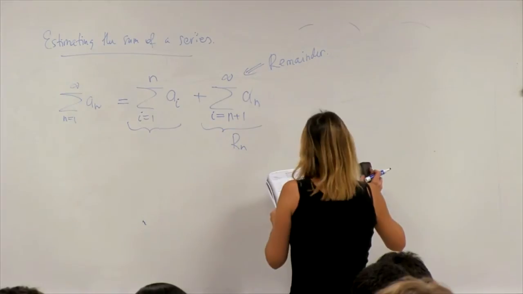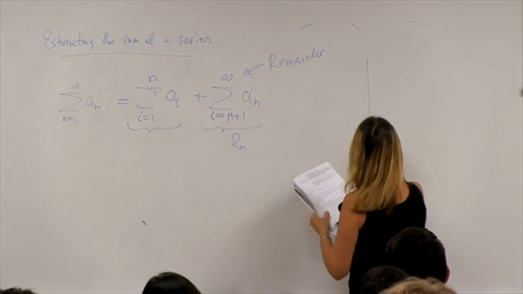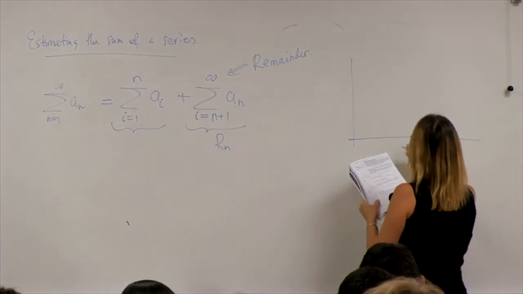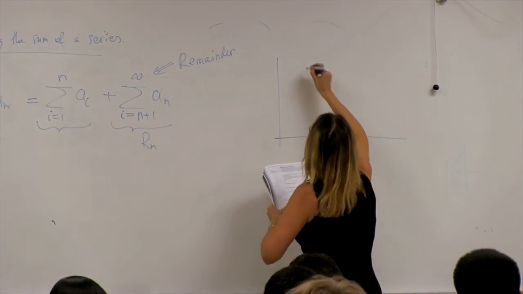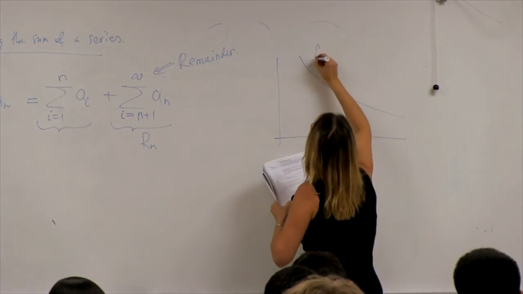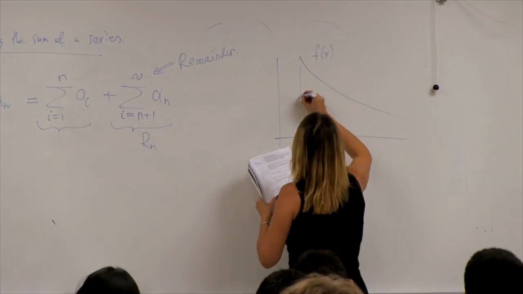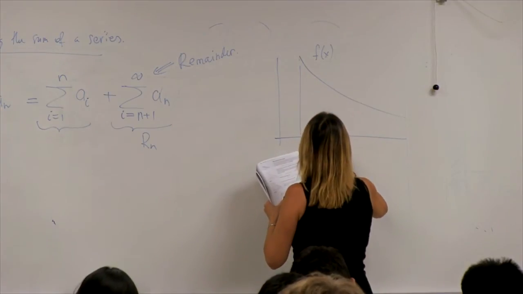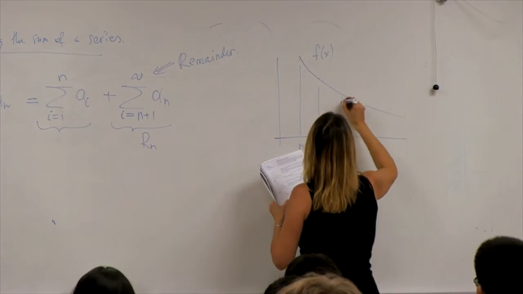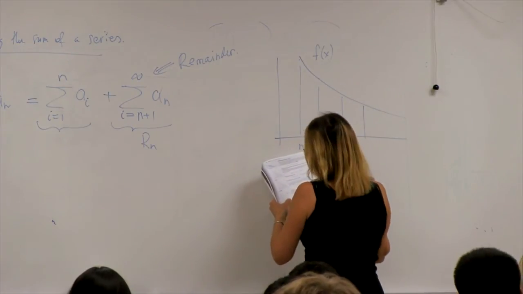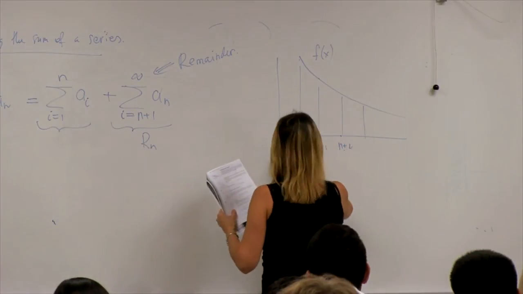Okay. So to estimate the remainder, we're going to look at some pictures again. We're again going to assume that the function f is decreasing, okay? And we're going to have the following picture, n plus 2, and so on. So, like before, I'm going to draw two pictures.